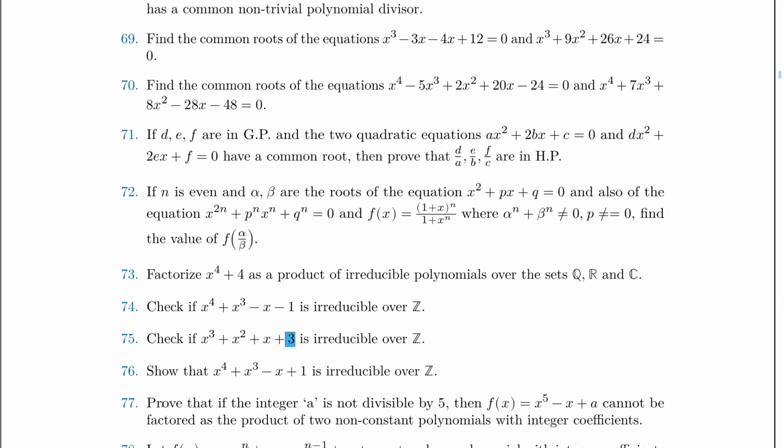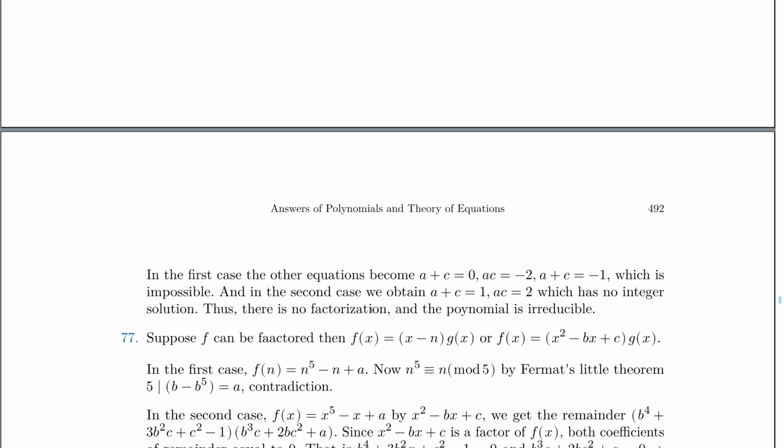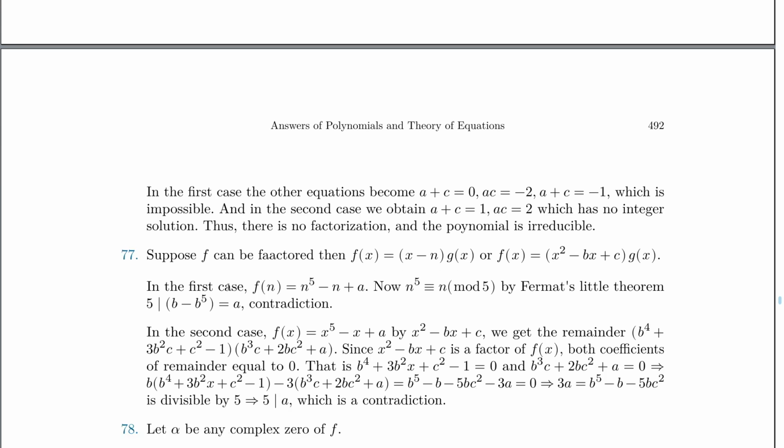Question 77 says that prove that if the integer a is not divisible by 5, then f(x) equal to x to the power 5 minus x plus a cannot be factored as a product of two non-constant polynomials with integer coefficients. So we suppose that it can be factored. So f of x is equal to g(x) times h(x).